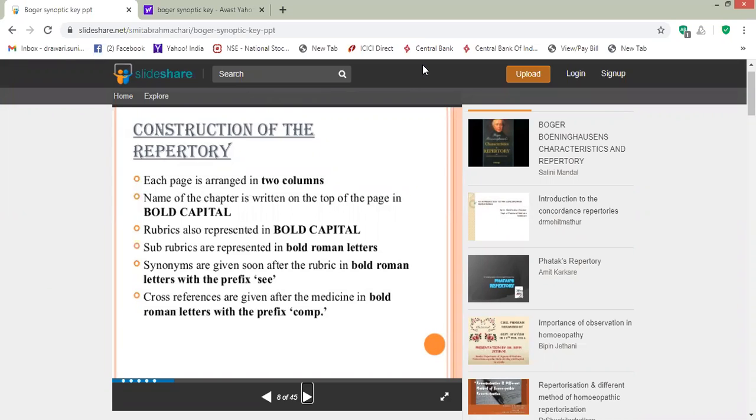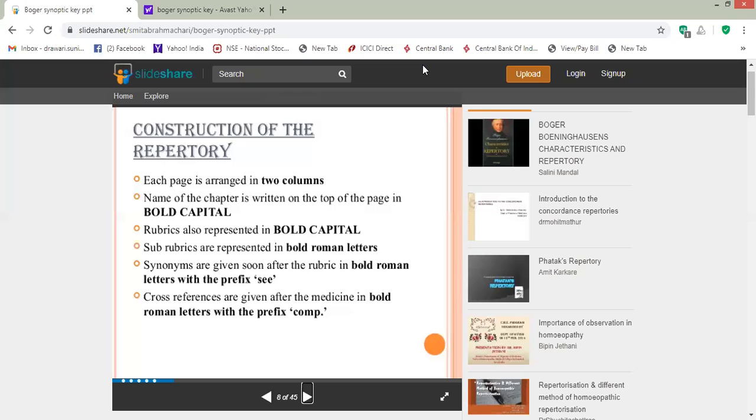Then the name of the chapter is written on the top of the page in bold capital. Rubrics are also represented in bold capital. Then subrubrics are represented in bold Roman letters. Synonyms are given soon after the rubric in bold Roman letters with the prefix SEEC.